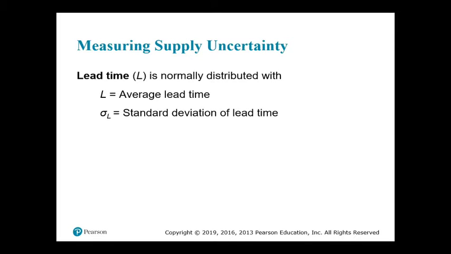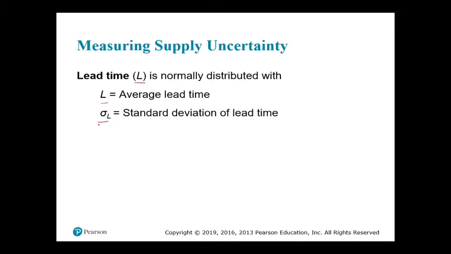The main portion comes from lead time variability. So the lead time may also be a random variable, which we may assume to also follow a normal distribution with average lead time L and standard deviation of lead time sigma L.